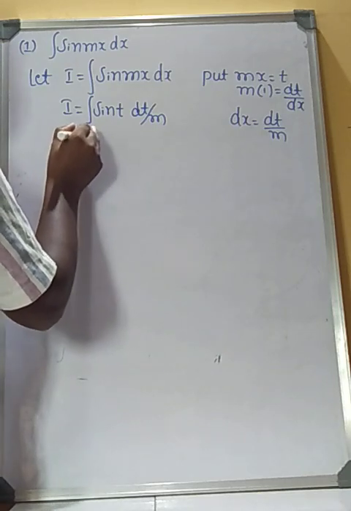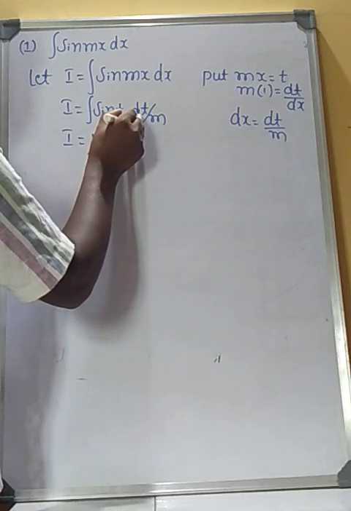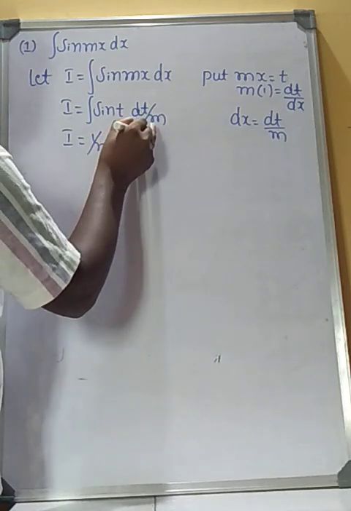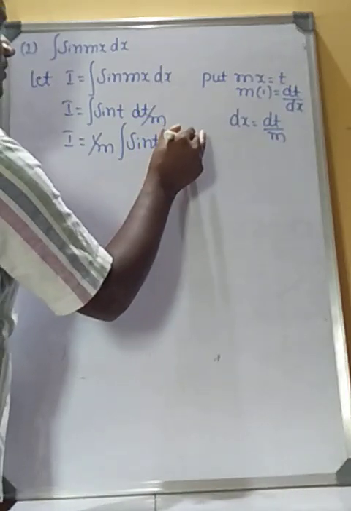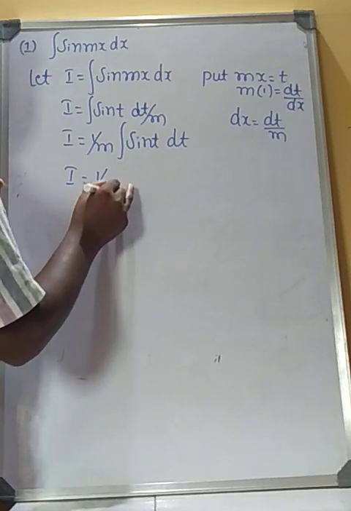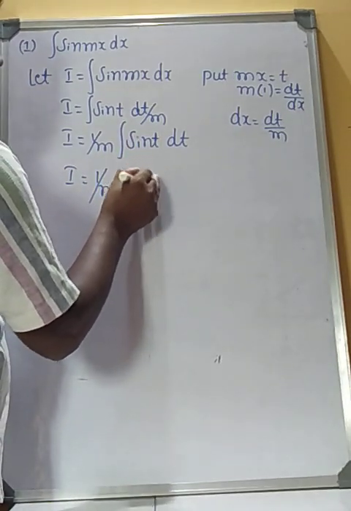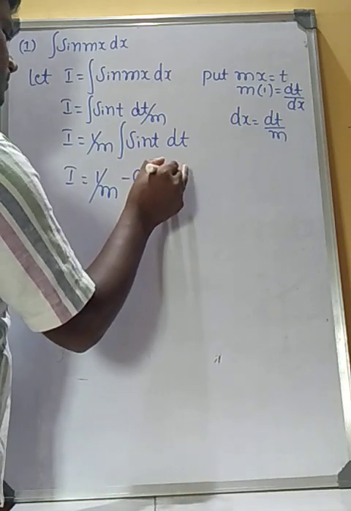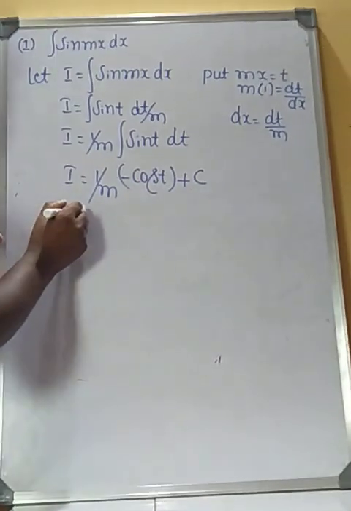Therefore, I is equal to 1 by m, taken outside, integral of sine t into dt. The integral of sine t, you know the formula, is minus cos t plus c.